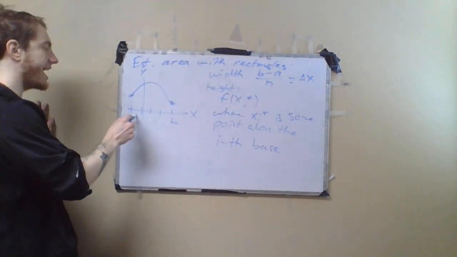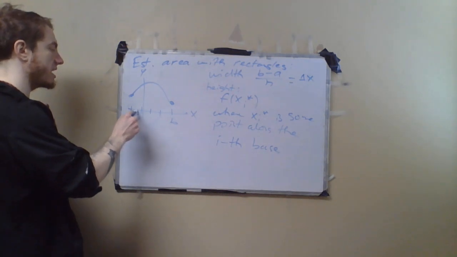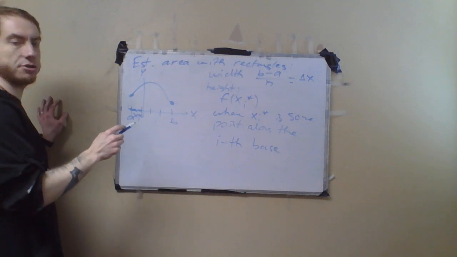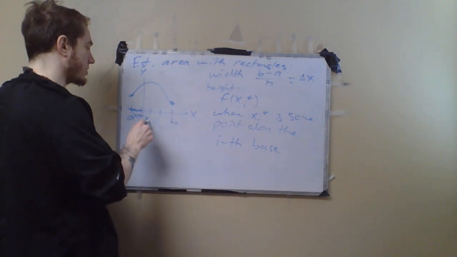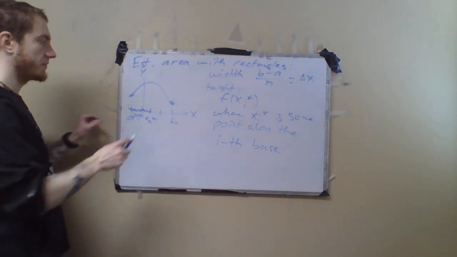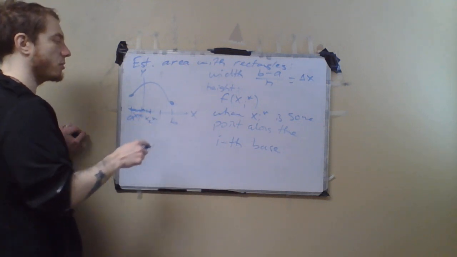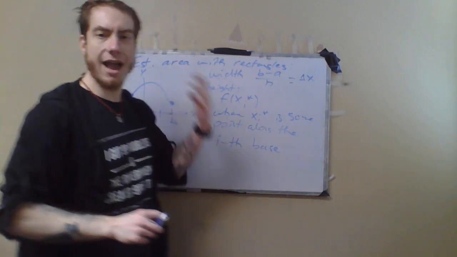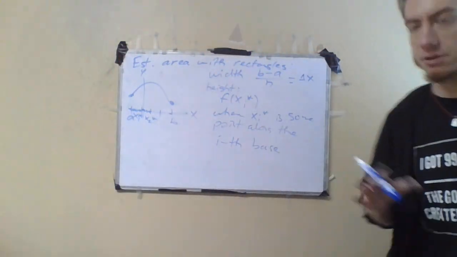In other words, x1 star can come in anywhere in here. It can sit anywhere along this interval. x2 star is going to be any point in this second interval. x3 star is any point in the third interval, and x4 star is any point in the fourth interval. Hopefully you get the picture. It keeps on going with this pattern.